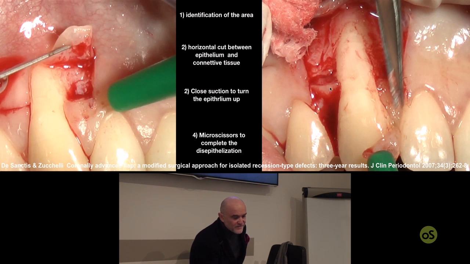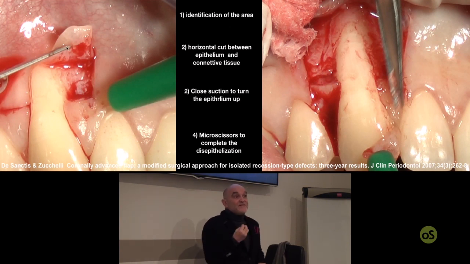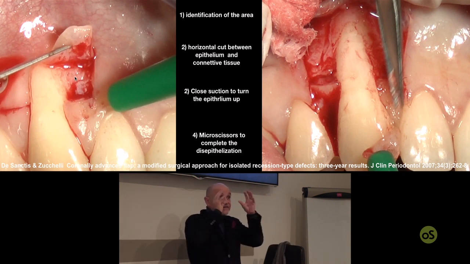Here, you have to leave as much connective tissue as possible in the de-epithelialization of the papilla, while at the level of the surgical papilla, you have to give as little connective tissue as possible, because this area will survive because of the connective tissue deriving from the anatomic papilla, and most of the connective tissue is left protecting the periosteum, protecting the bone. So this is the concept.